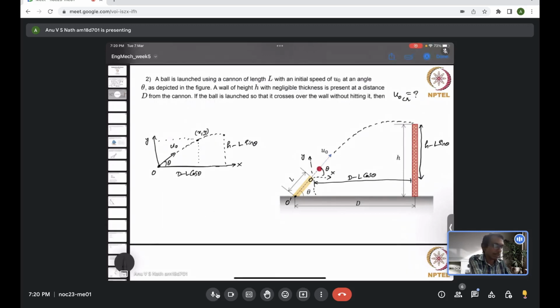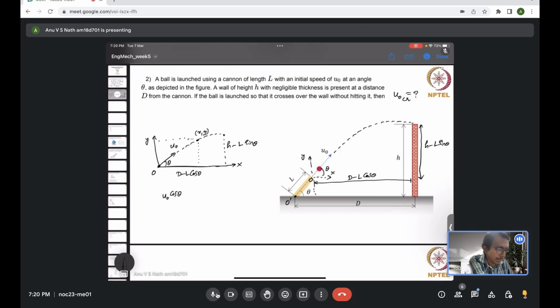As you know, in the horizontal direction there is no acceleration, basically we neglect the air friction. So the horizontal component of velocity, u0 cos theta, will not experience any acceleration or retardation. As a result, it's a constant velocity motion in the horizontal direction.